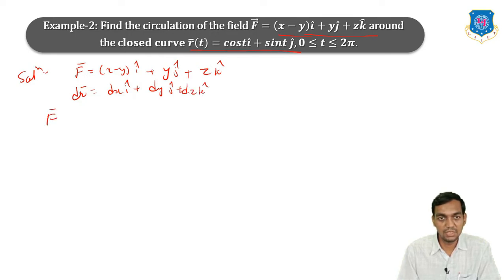So f dot dr, that is (x minus y) dx plus y dy plus z dz. Now r bar is given.